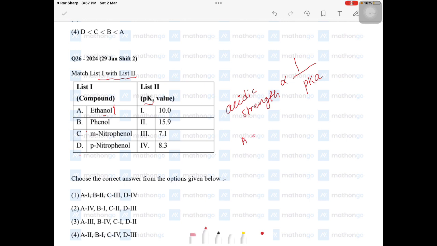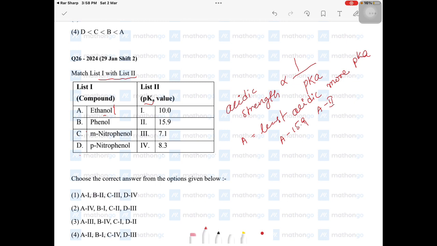Ethanol A has least acidic, more pKa value, 15.9, that's why A2.